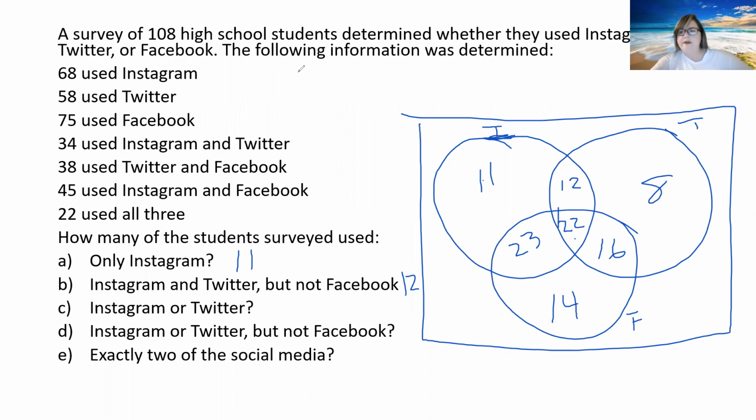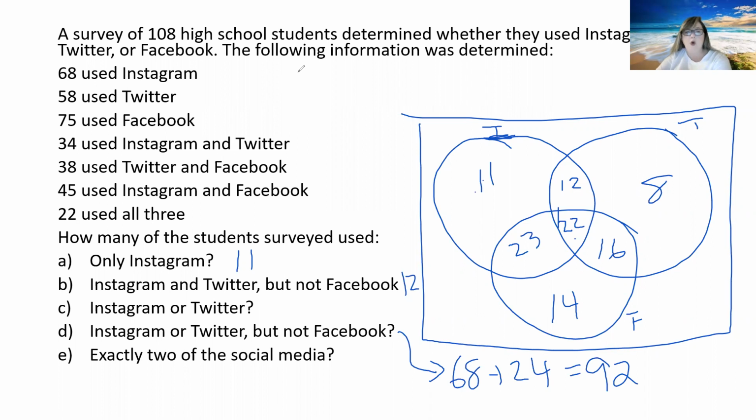So 45, 57, 68 Instagrams plus the Twitter. Okay, we already counted this 12 and 22, so I'm only going to add the 16 and the 8, which is 24 to the 68 for the Instagram. So this one should be 68 for the Instagram plus 24 more for the Twitter users. And that's 92 people who did that.